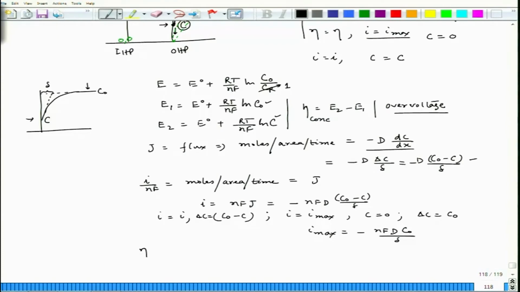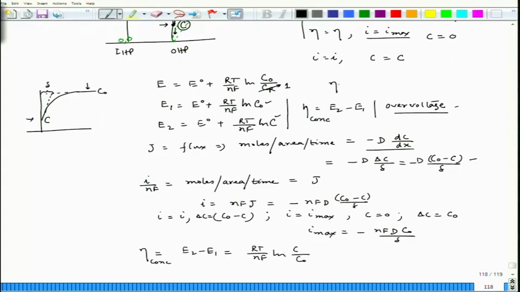Therefore, eta, or the concentration overvoltage, E 2 minus E 1, equals E 0 and E 0 will get cancelled. So, that means we are left with RT by nF ln C by C 0. And remember, whenever we try to understand overvoltage, we have to always differentiate between initial and final.